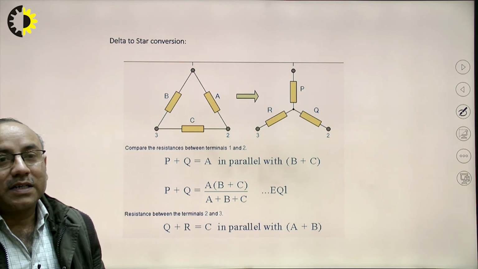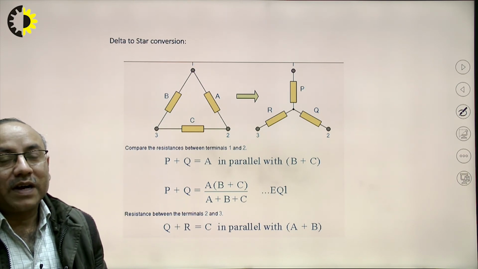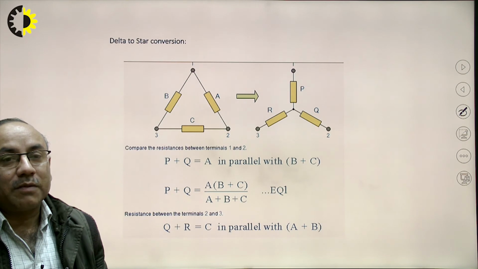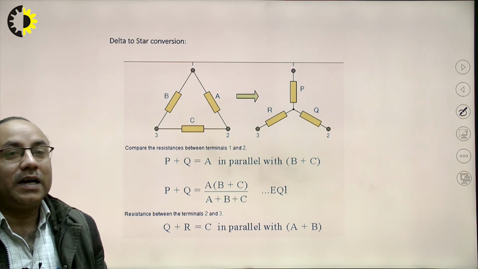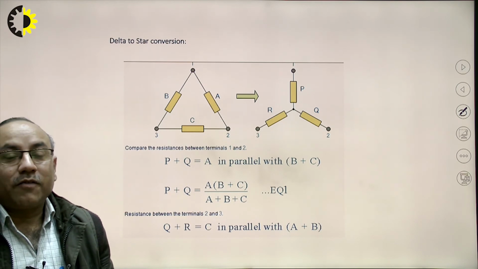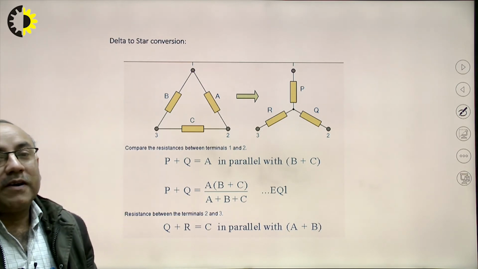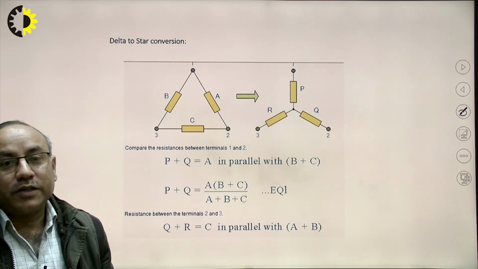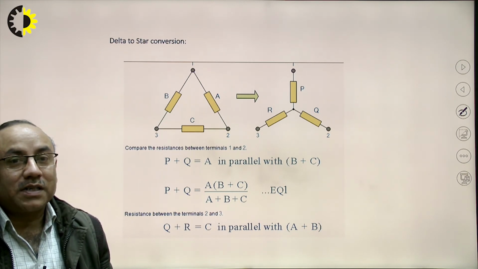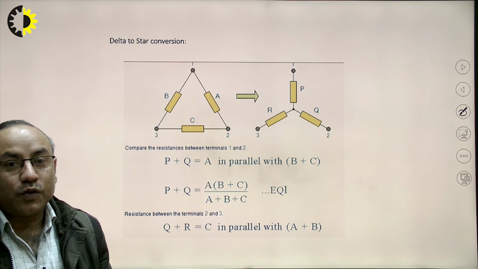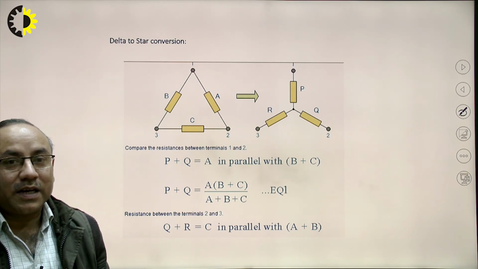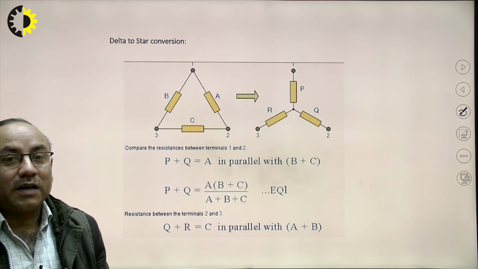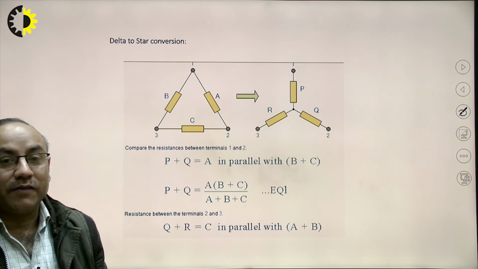In delta connection, we can find the equivalent resistance across terminal pair 1 and 2, similarly across 2 and 3, and 3 and 1. For equivalency, we should get the same equivalent resistance across the terminal pairs in star connection, across 1 and 2, 2 and 3, and 3 and 1. Then we can say the star obtained is the equivalent star for the given delta.